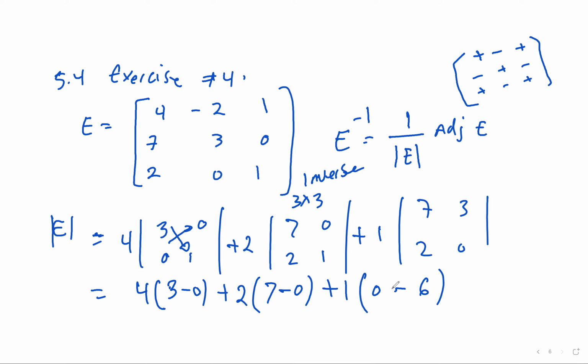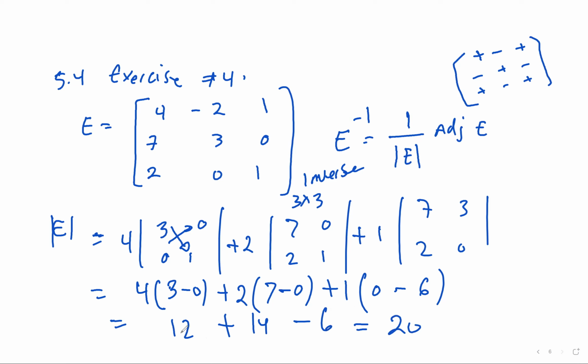So we have here 4 times 3 is 12, and then plus 2 times 7 is 14, and then 1 times minus 6 is minus 6, and therefore 12 plus 14 minus 6 is going to be 20.